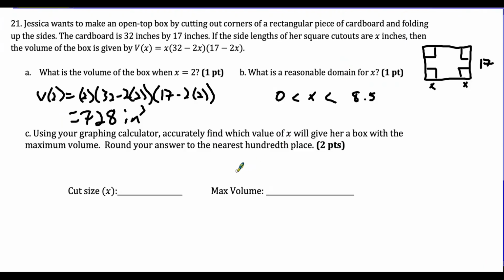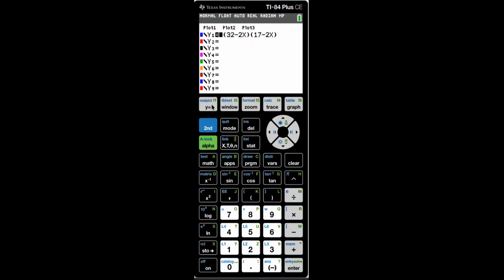Now, for my last part here, to find the maximum volume possible, this is where we use the calculator. So on the calculator in y equals, I'm going to type in my function, x times 32 minus 2x times 17 minus 2x. Then I need to change my window. So I already have my window set.